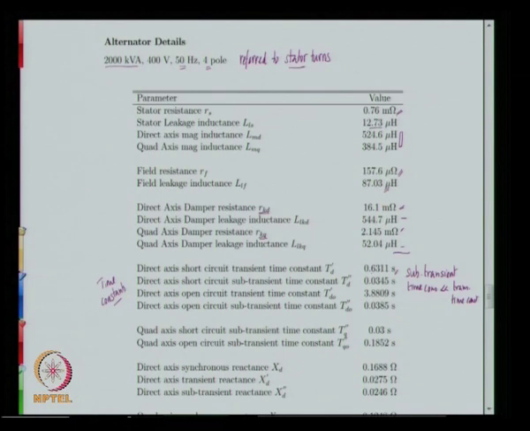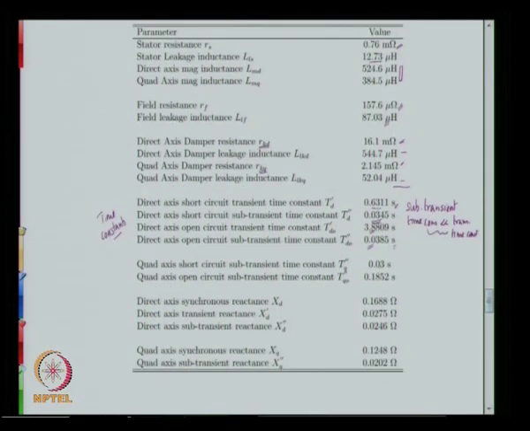This is 0.63 seconds, whereas Td double dash is 0.03 seconds, and similarly the open circuit numbers, T dash DO is 3.8 seconds, whereas T double dash DO is 0.03 seconds. So that again is to show that this assumption is not a bad assumption. And then along the Q axis you have T double dash QO and T dash Q, which are derived from the earlier numbers. So these are the two values for that.